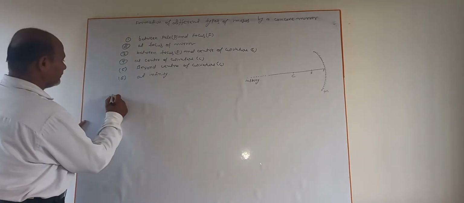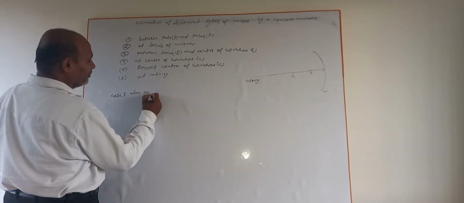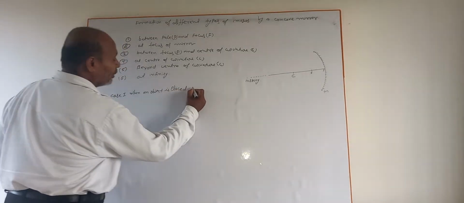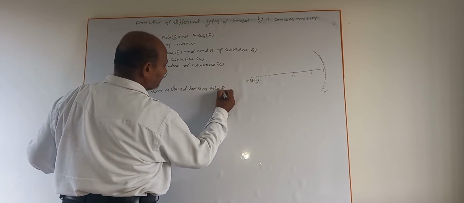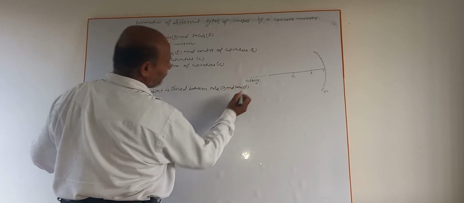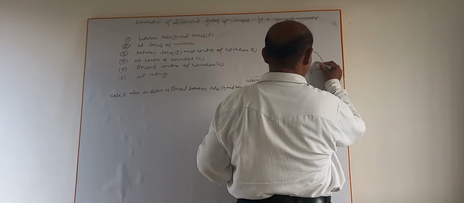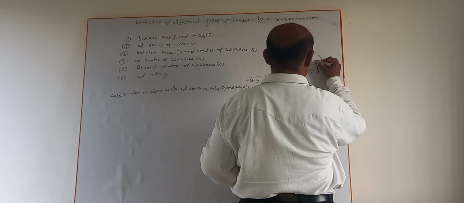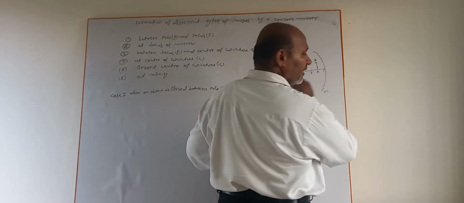Case first, when an object is placed between pole P and focus F. Suppose that AB is an object which is placed between pole and focus of the mirror.